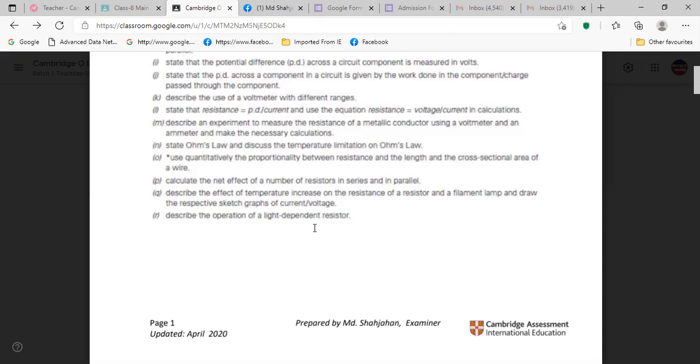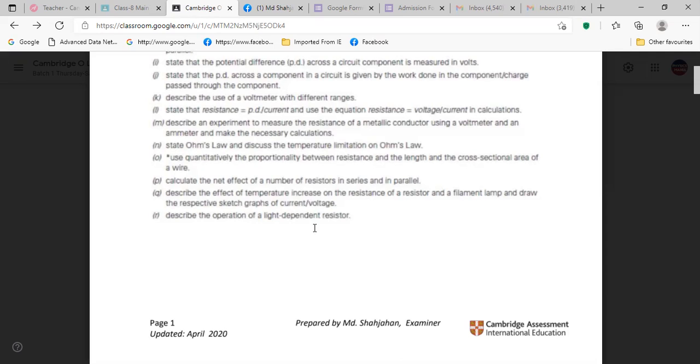But there is a condition. In Ohm's law, it is stated that there is a temperature limitation. That means for this law to work, we need to fix the temperature.